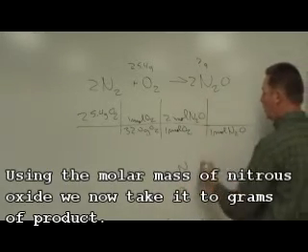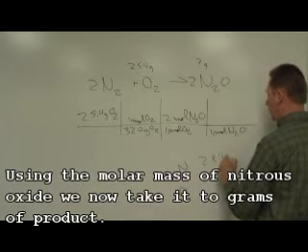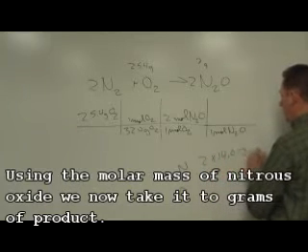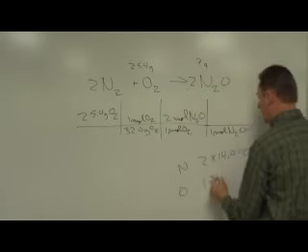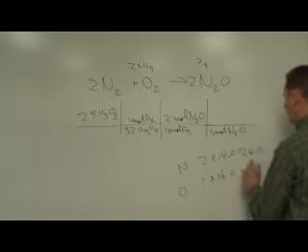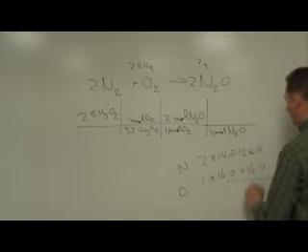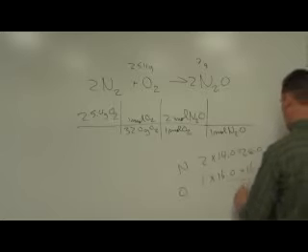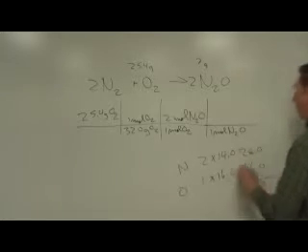You recall how we've done this. 2 times 14.0 is equal to 28.0, and 1 times 16.0 is equal to 16.0. Okay, we end up with 44.0 grams per mole.